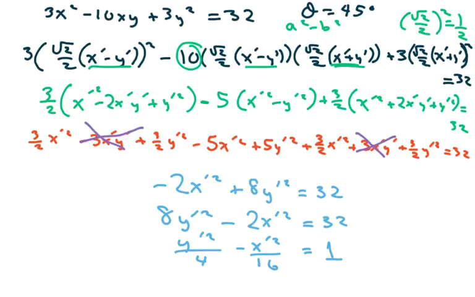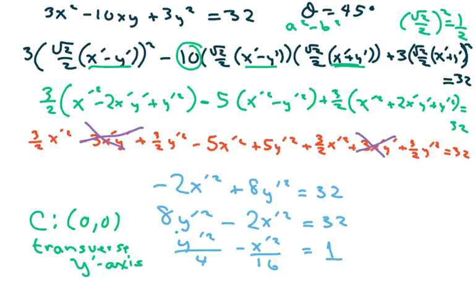So that's our equation. It's a hyperbola. Center is 0, 0. Since it leads with y, our transverse axis is the y prime axis. And then our vertices are going to be 0, plus or minus 2. So here we go. Those are our vertices.